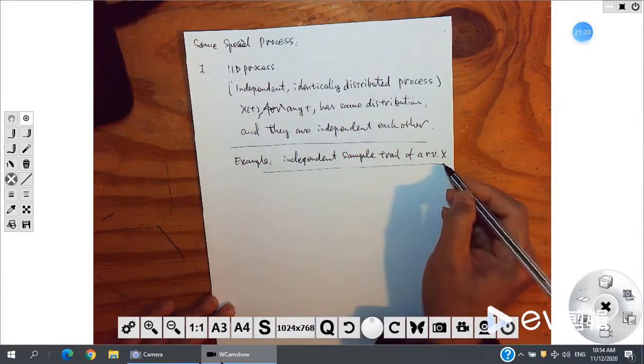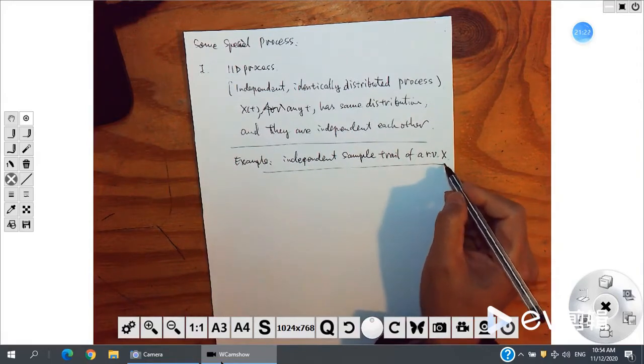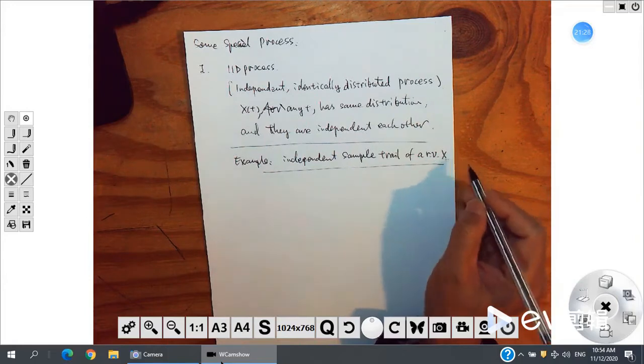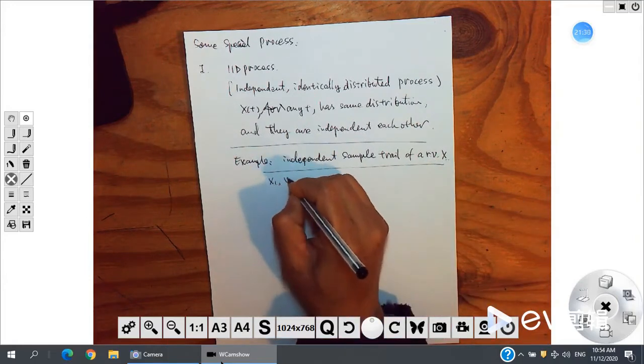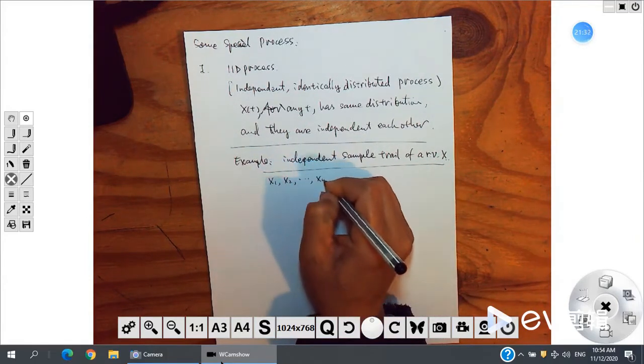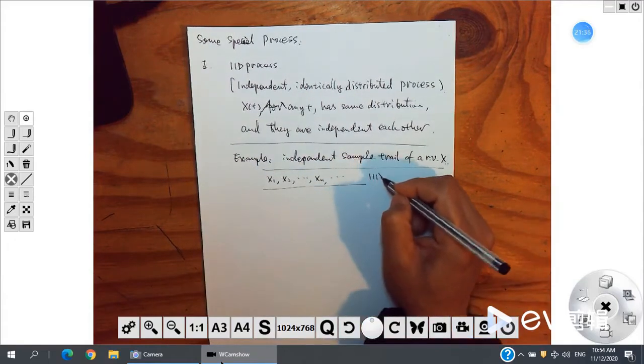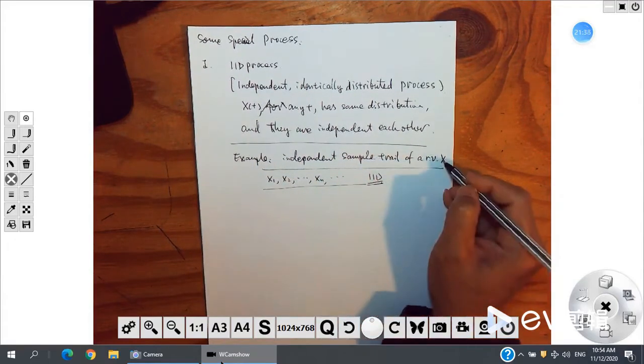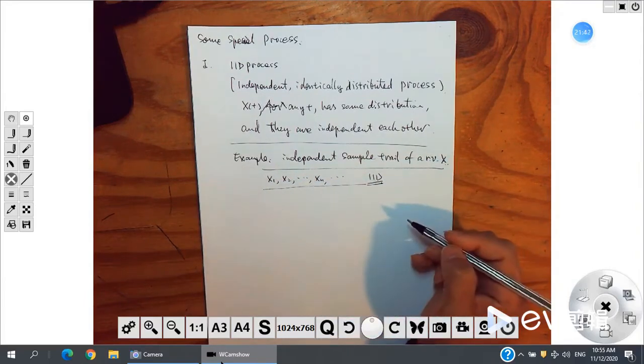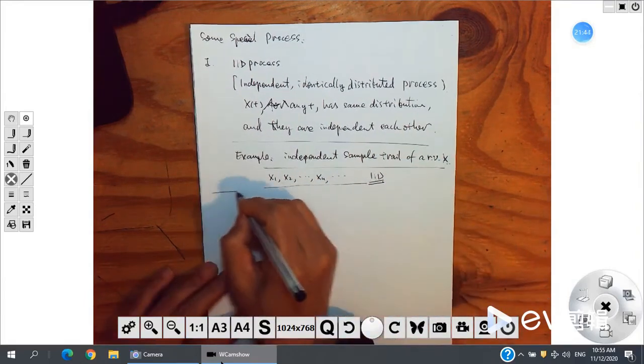In the statistics part, you take samples: you have X, then you take n samples, X1, X2, until Xn, and more. This is a kind of IID, right? All of them have the same distribution as X, and they are independent of each other. So this is an IID process.